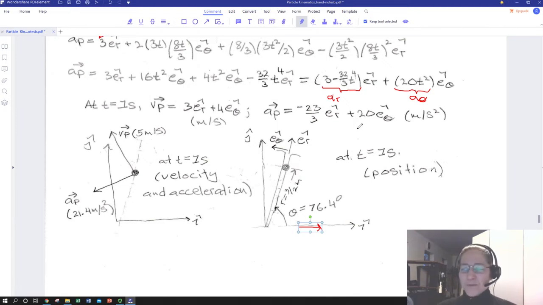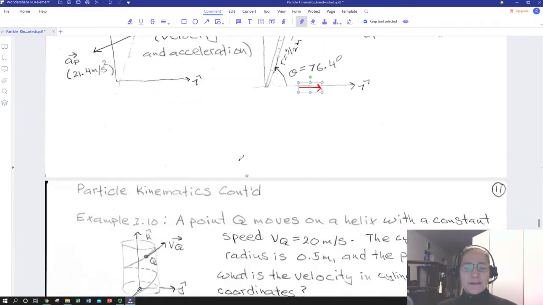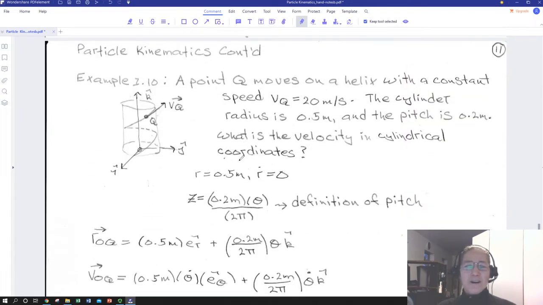But not important for kinematics, just giving you an idea of why would I need this expression? What would I do with it? This acceleration expression would be my launch pad into forces if I knew the mass of this little rod or ball or whatever it was. Okay, so that's the first example of using our cylindrical, or basically our polar coordinate expressions.